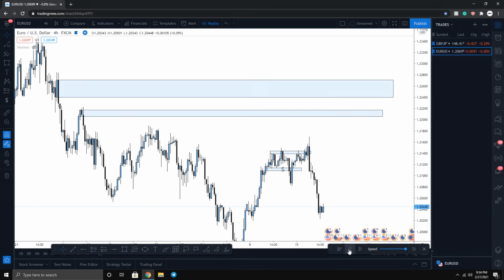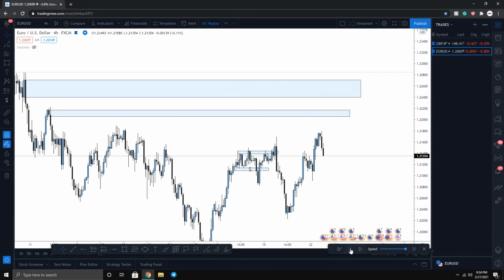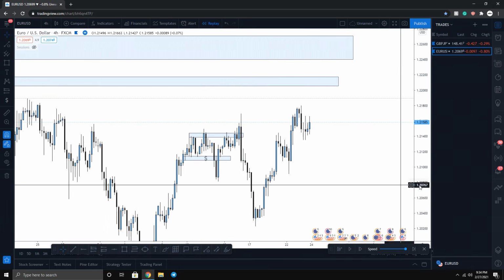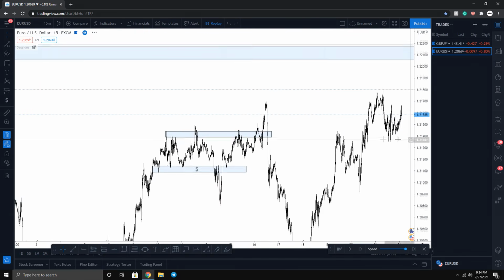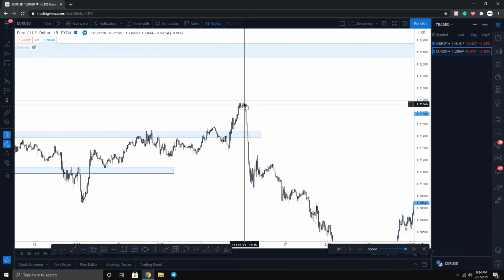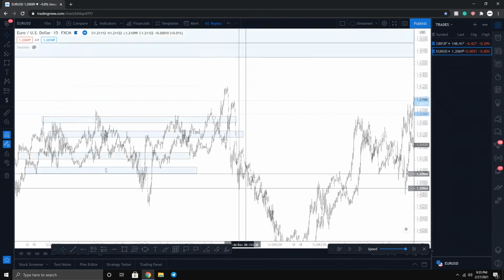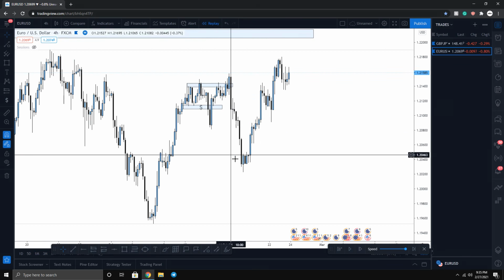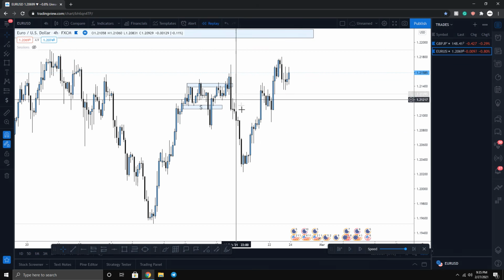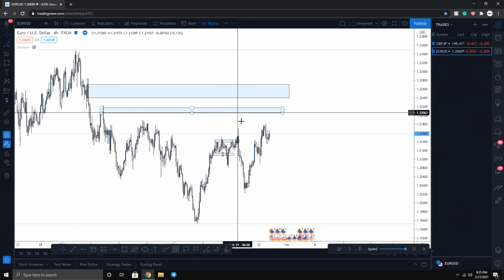So let's actually go towards the 15-minute one more time. Right over here, we can see that after hitting the stops on all the sellers, it sold off significantly. Now if we go towards the 4-hour time frame, we can see that after it hit the stops on people and sold off, it didn't actually come into one of these order blocks.